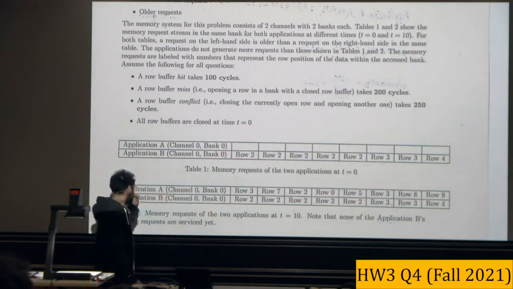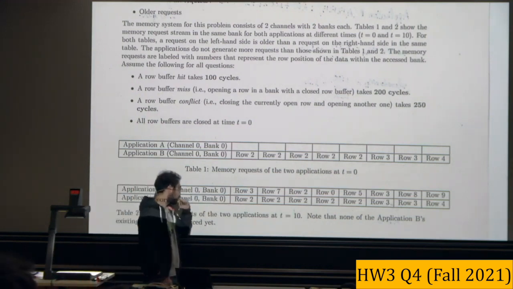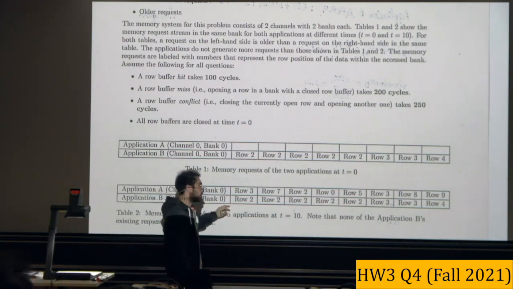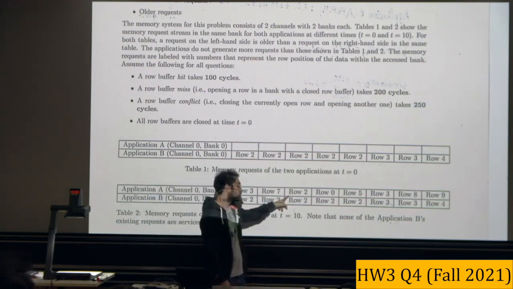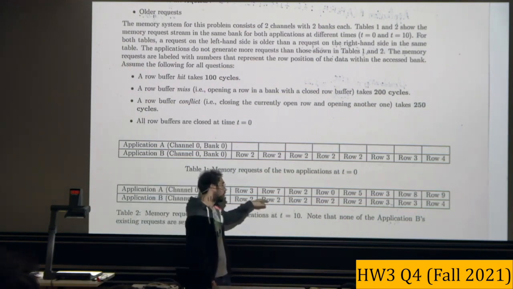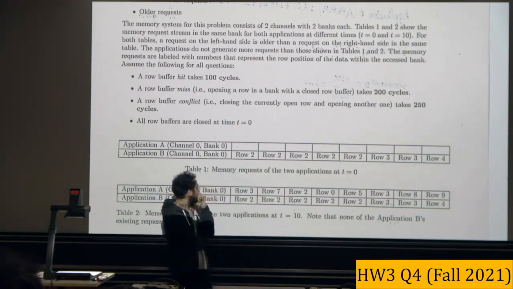So you mean that you have a conflict here, yeah, and then you execute row 2. Yep. And so they would both be blacklisted at this point, and then you would go back to B because it's older, and then do all the row buffer hits, and then it would execute as previously. But I think this is an edge case. It doesn't matter.